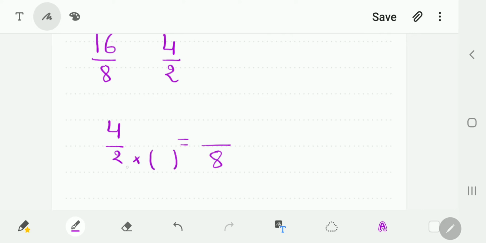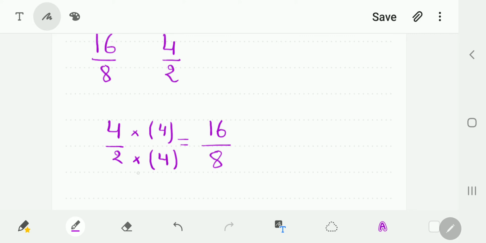So what is this number I need to multiply 2 by to get 8? If you think a little bit, 2 times 4 equals 8. Very good. And then after I find the number I need to multiply with to get 8, I multiply the numerator, which is the upper number, with the same number. I multiply it with 4, so 4 times 4 equals 16.